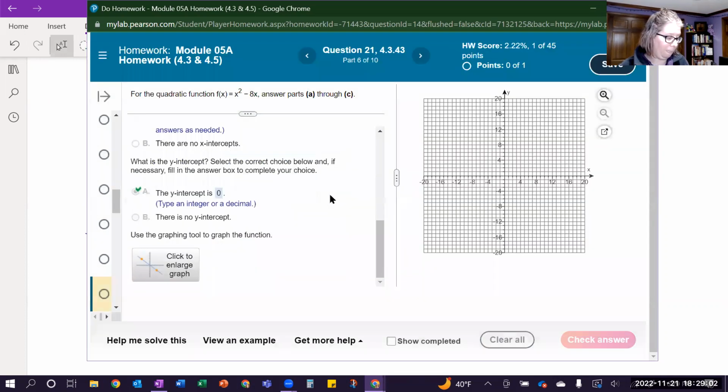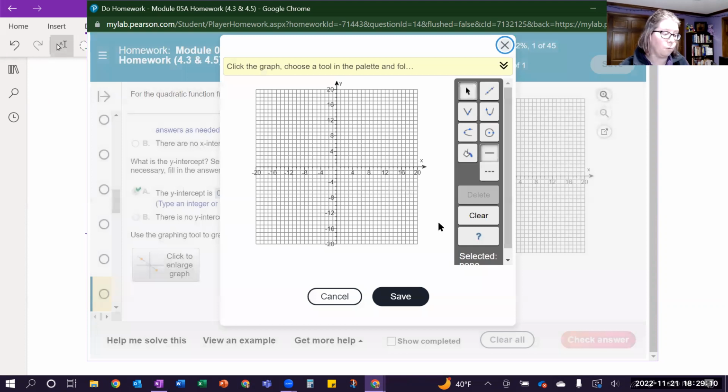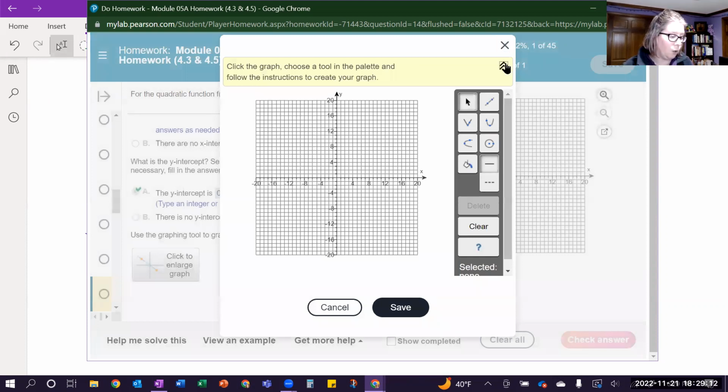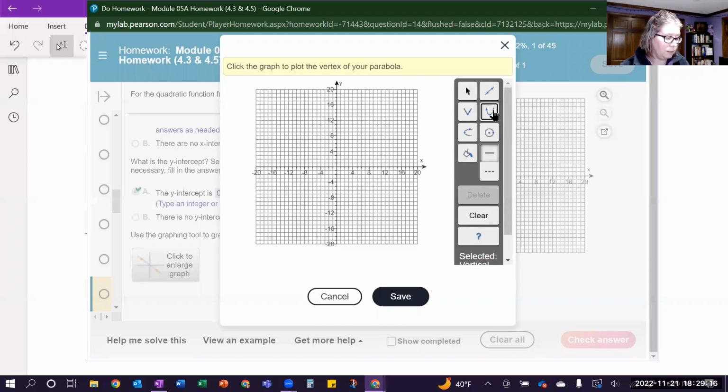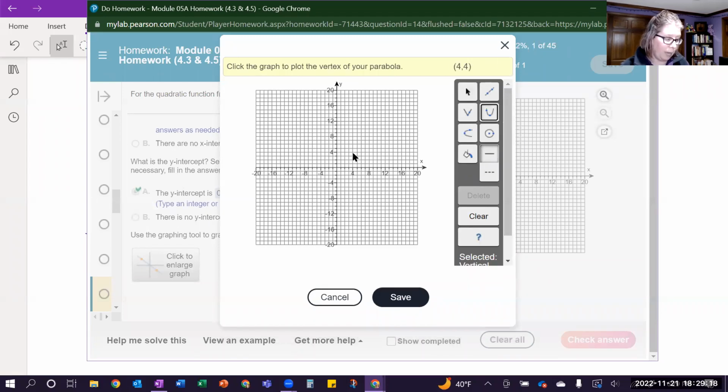Okay. Now we're finally to the graphing part. So I'm going to click to enlarge this. And we're back to those tools again. So I pick what looks like a parabola. I want to plot the vertex.